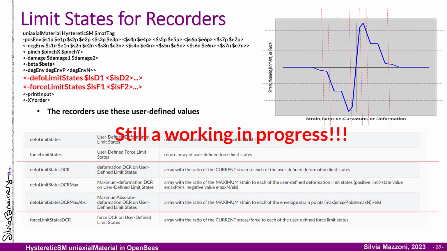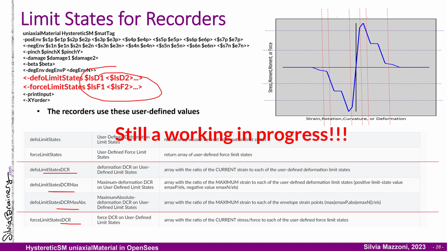The last one is the limit state recorders, where you as a user actually define the stress and strain values that you want to use to compute your demand capacity ratios. Maybe these could be values somewhere along the curve here. Then the recorder is going to give you the ratios with respect to deformations or with respect to forces.